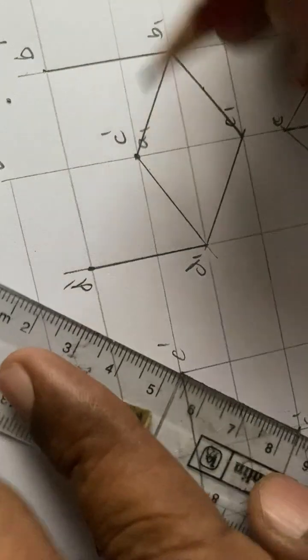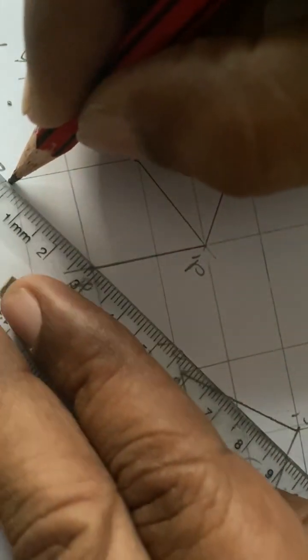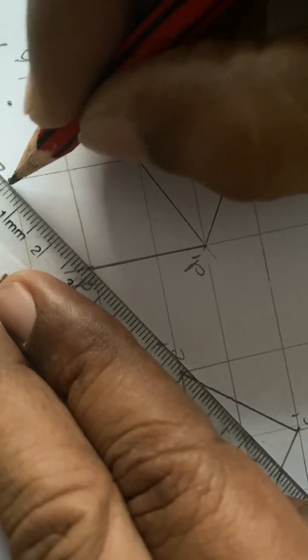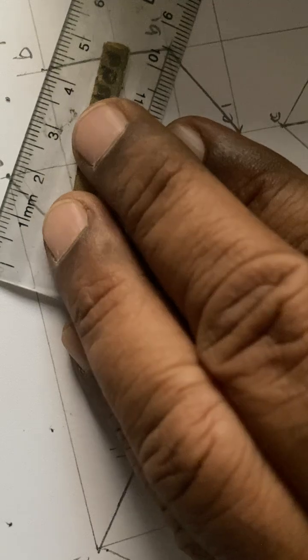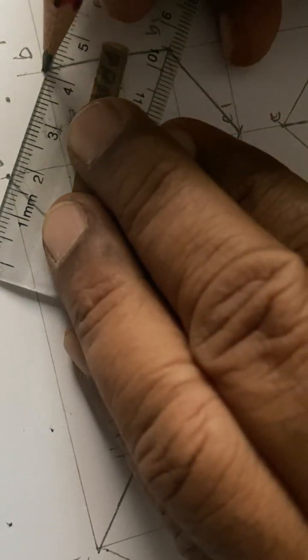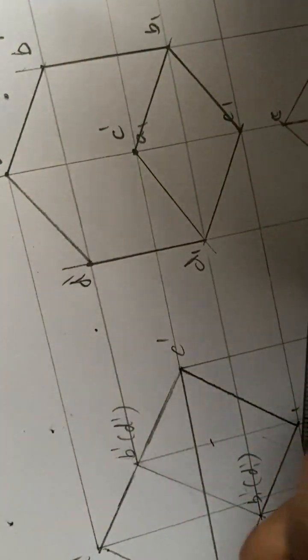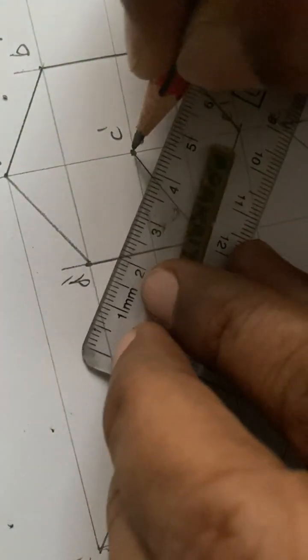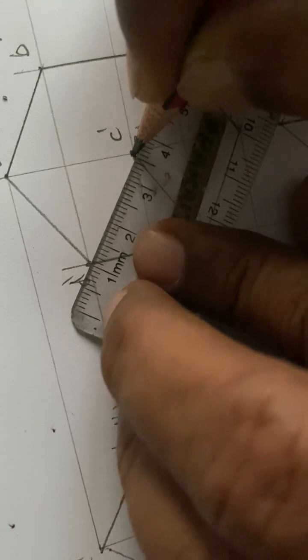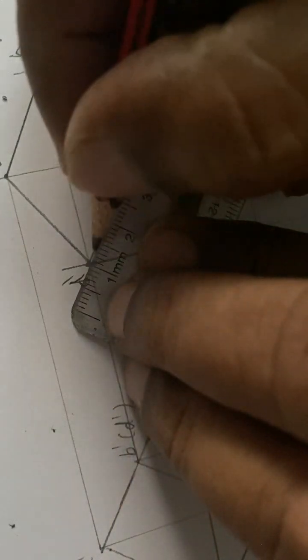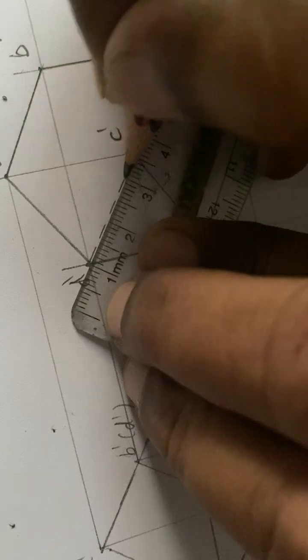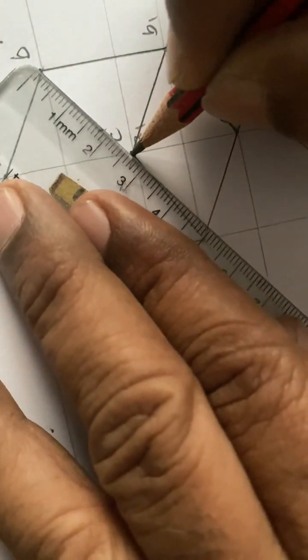Okay, then you join this and V with V. Outline. So all this you need to join as the outline. Okay. Now then you will join this with dotted lines because these are not visible. See, this and this are not visible.